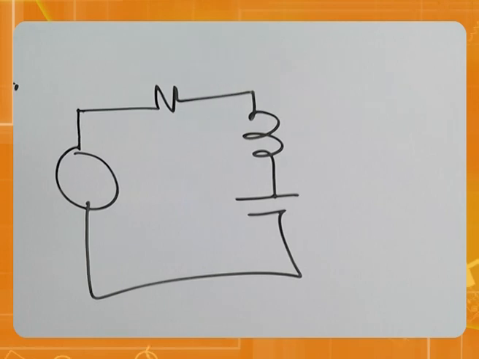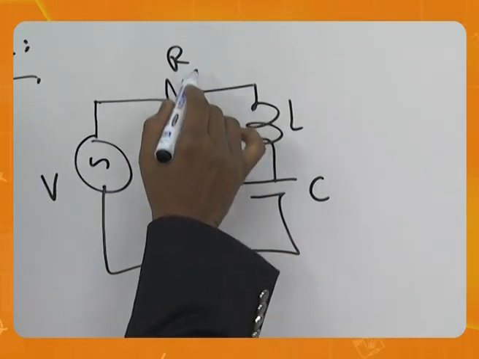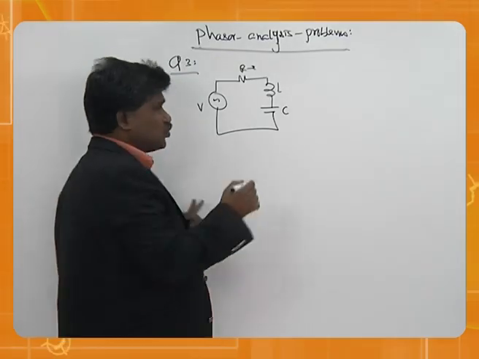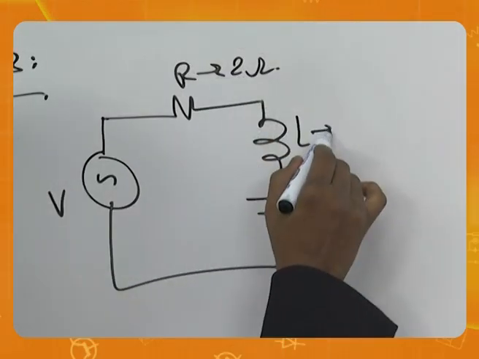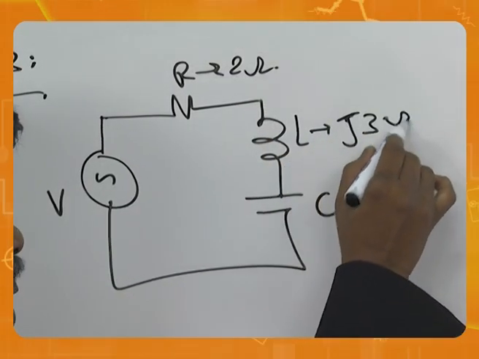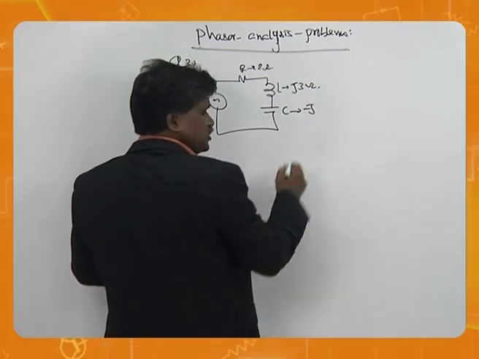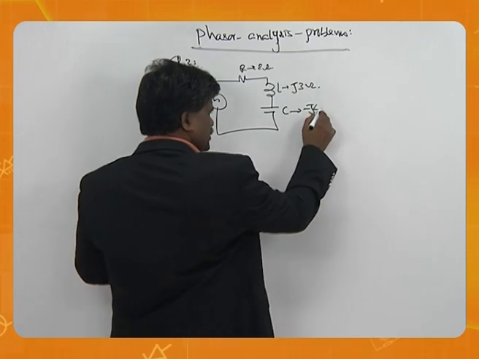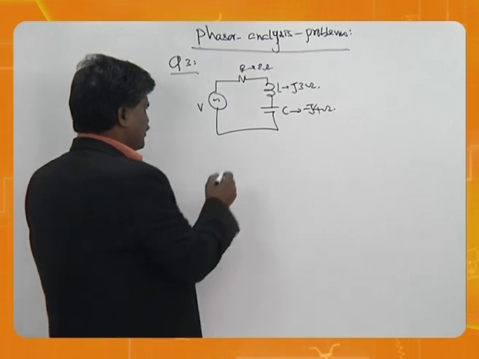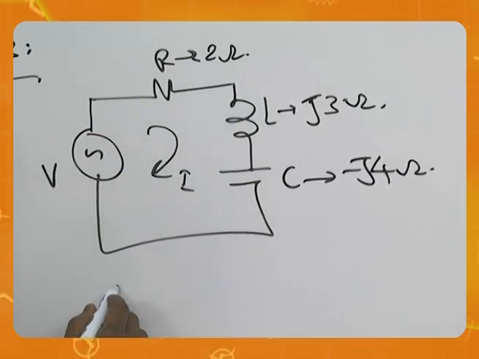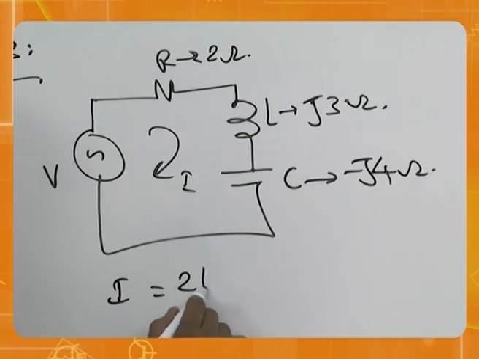Okay, so this is V here, R, L, C. This is given as 2 ohms. Inductance is given as j3 ohms. Capacitance is given as minus j4 ohms. Please understand, here the frequency is not there. In fact, I is here. I is given as 2 angle 0.